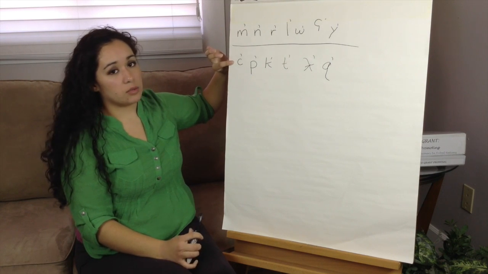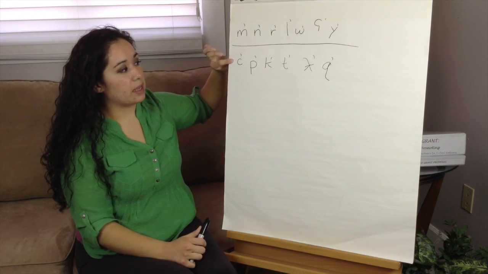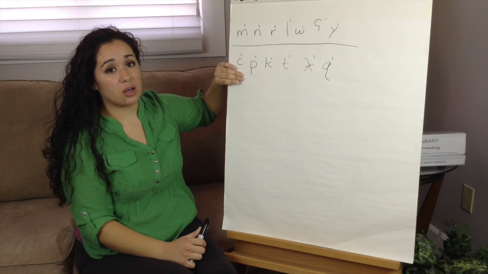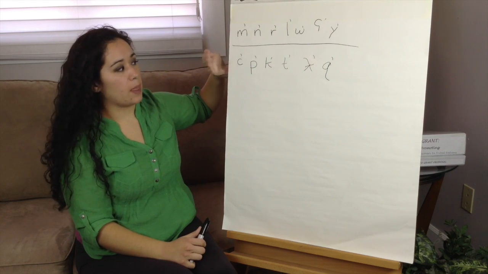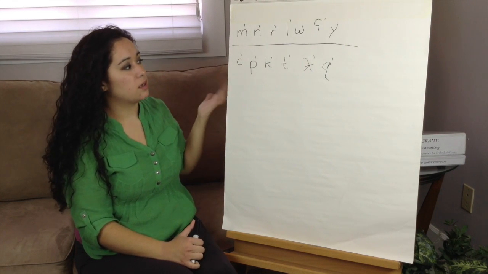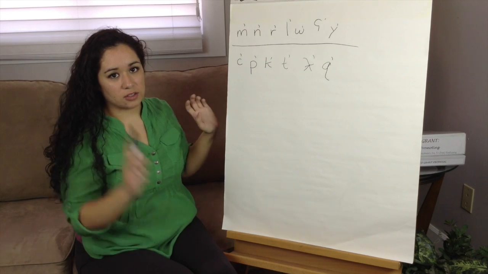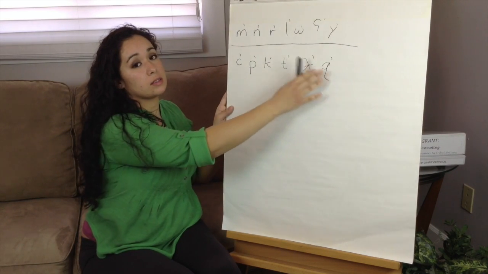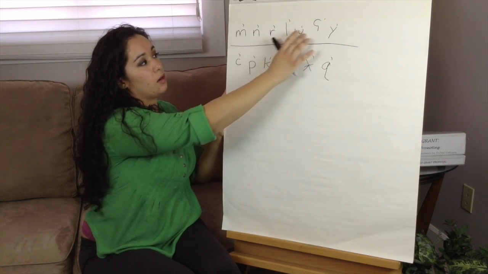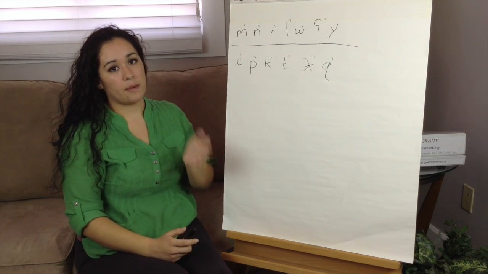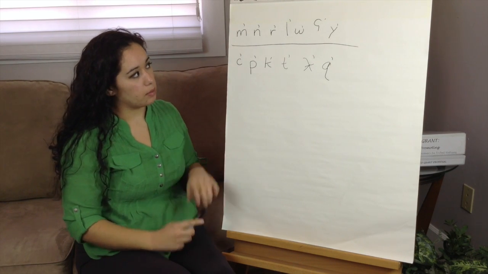And these are called obstruents, and these just make the letter harder. So you have the t and the p and the k. So these glottals make these letters harder, while these glottals just kind of cut them off and make them pop a little bit.